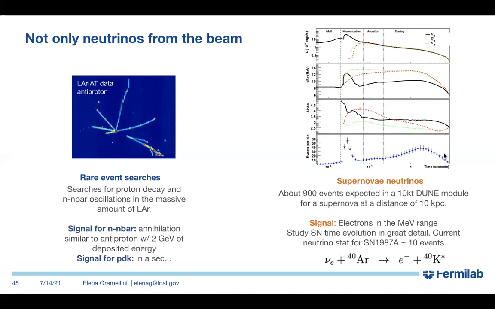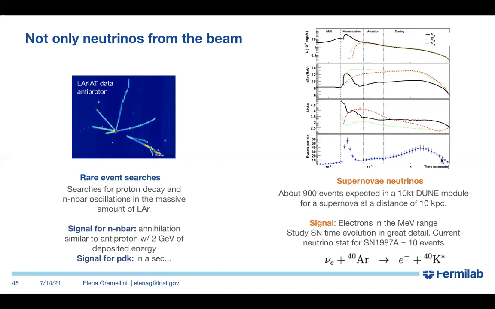Hopefully Dune is going to be online when the next supernova burst arrives, and the hope is to study the supernova time evolution in great detail. Just to give you an idea, we as humanity detected supernova neutrinos before, in 1987. These events are quite rare, they happen every 30 years or so.